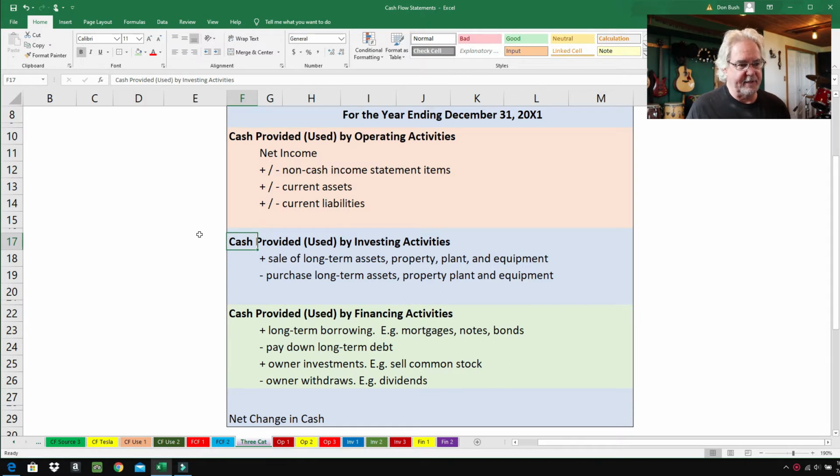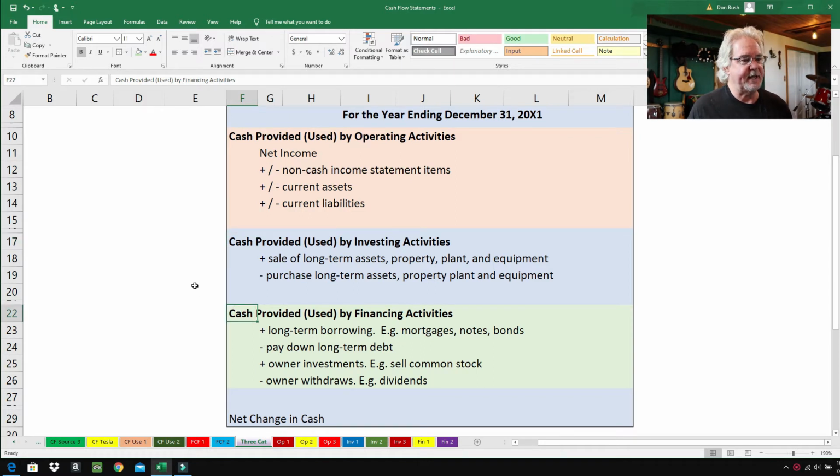Now in common language today, investing sounds like investing in the stock market, but that's not what is meant here. What we mean by investing is investing in one's own business, purchasing fixed assets and equipment to upgrade your own business, purchasing long-term assets, or selling long-term assets. So there's the second category.